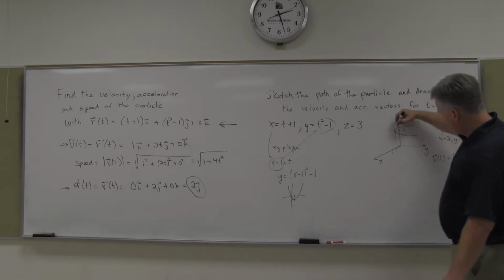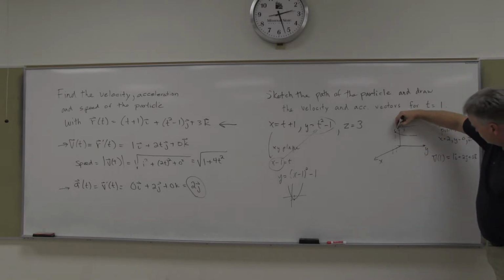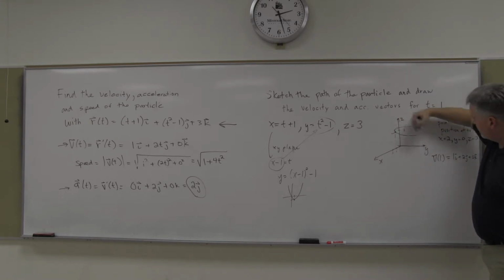If I use that as my initial point, I would go 1 in the X direction, which is here, and then 2 in the Y direction. So I'd be pointing out somewhere, something like that.